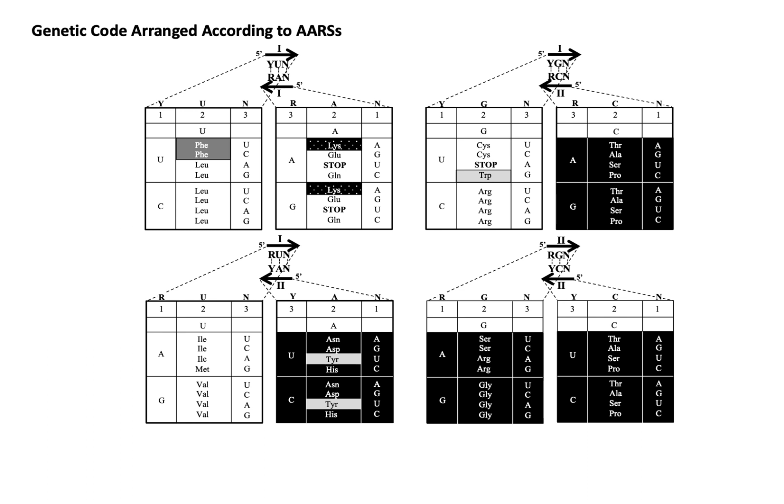However, you can rearrange the genetic code based on the aminoacyl tRNA synthetases, the AARSs. So all of the white ones up here, all of those amino acids and those triplet codons, those are the ones that are added by the class 1 AARSs that recognize the tRNAs on one side.